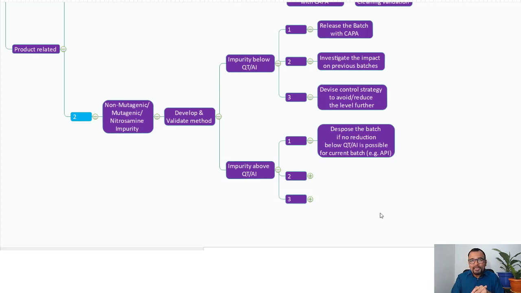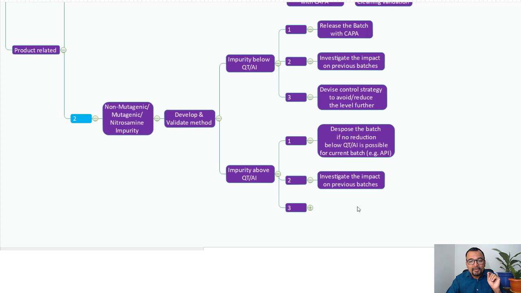But in case of finished product, you may not be able to reprocess the batch once again, and the disposition is mandatory. But in case of API, you can think of whether there is any process of adopting a purification step where these impurities can be further reduced below the qualification threshold or acceptable intake.